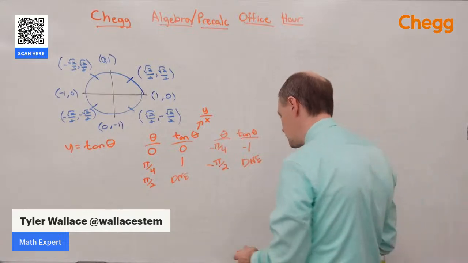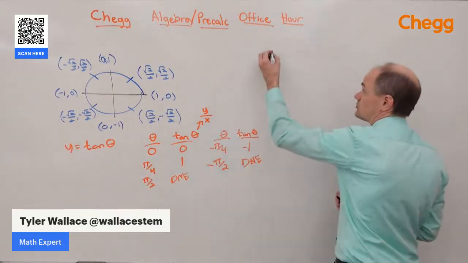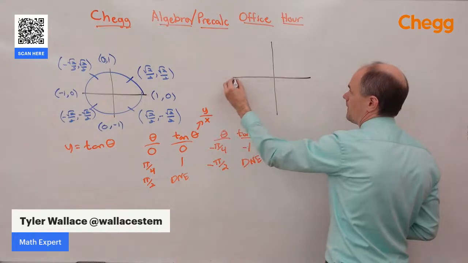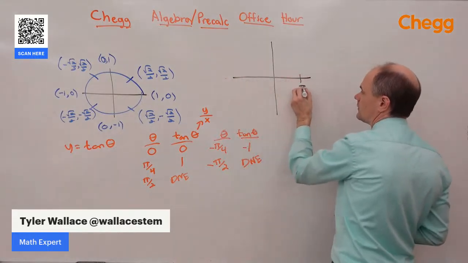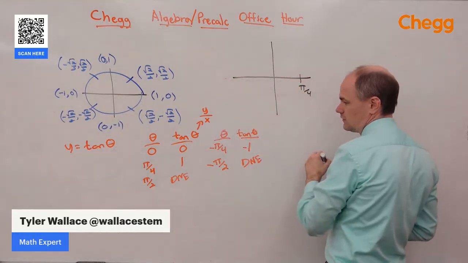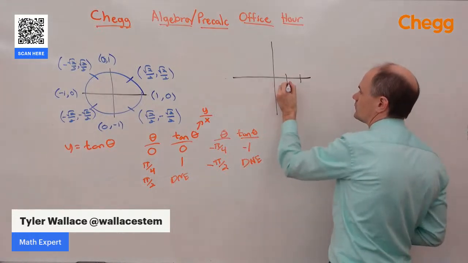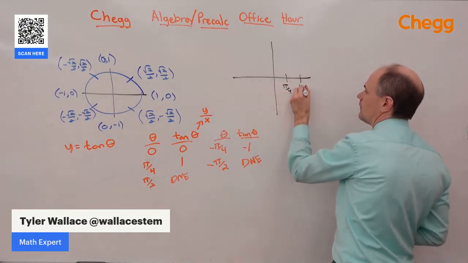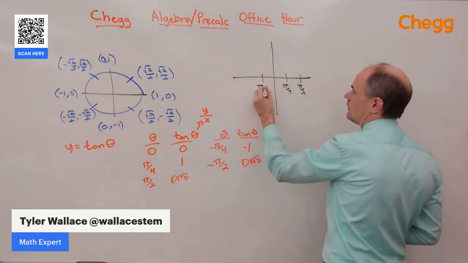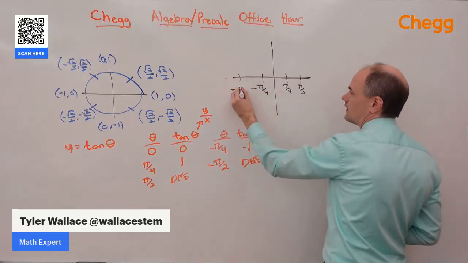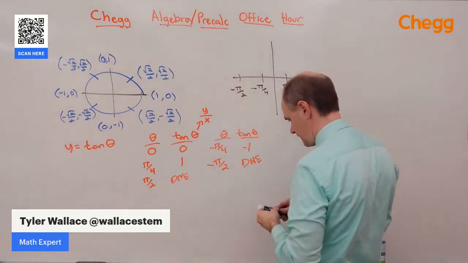So if we were to try and graph this relationship, we'll have our pi over 4 here. Actually, let's make that pi over 2. We'll do pi over 4, pi over 2, negative pi over 4, negative pi over 2.